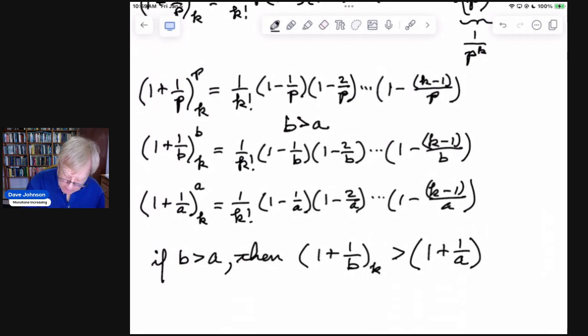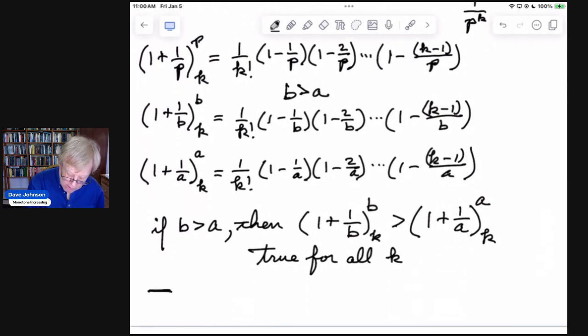I'll get there. This is b, this is a. And so this term is bigger than this term. This is also the kth term. And this is true for all k.